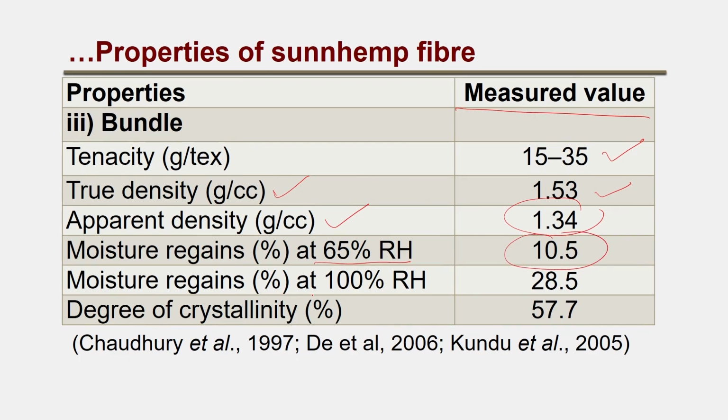Moisture regain percentage at 100% relative humidity is 28.5, and degree of crystallinity percentage is 57.7. So, these are different quality parameters of this sannhemp fiber.